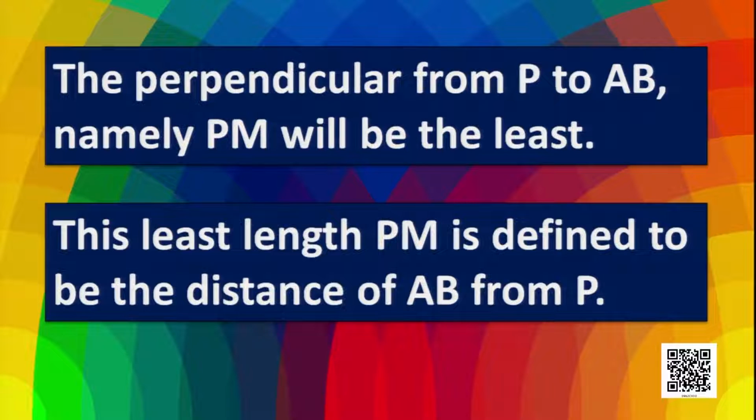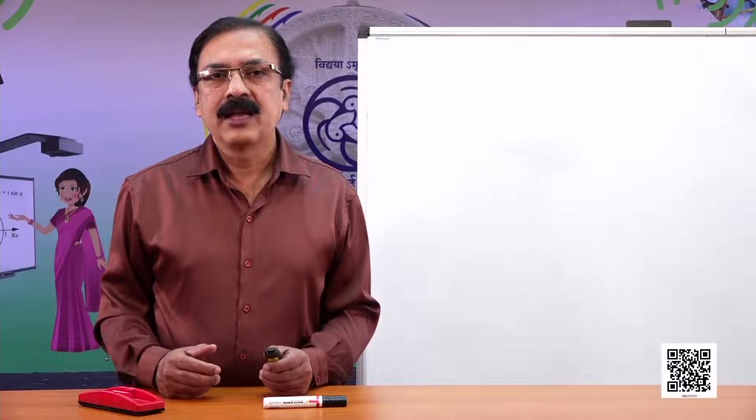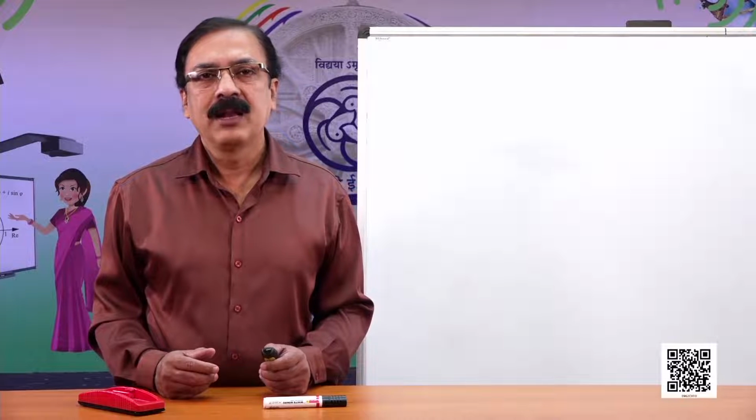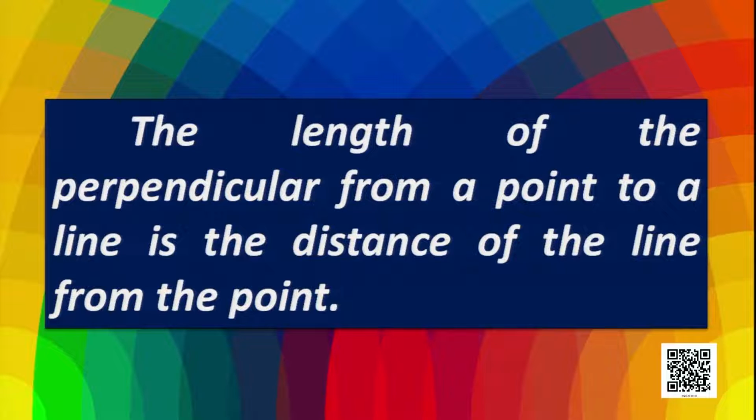So the perpendicular from O to AB, namely OM, will be the least, and this least length OM is defined to be the distance of AB from O. So from all this discussion we get the definition of the distance of a point from a line: the length of the perpendicular from a point to a line is the distance of the line from the point.